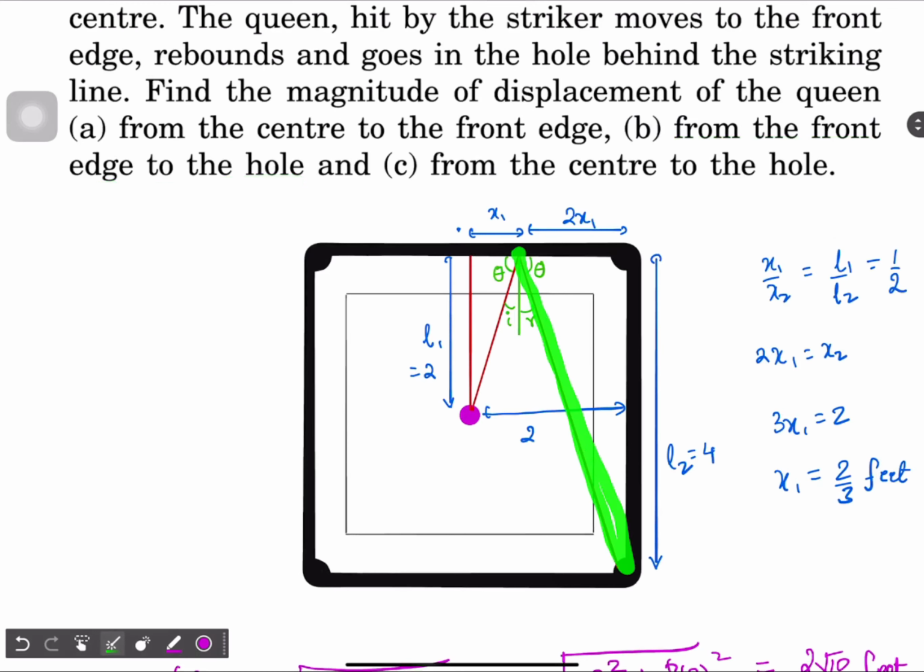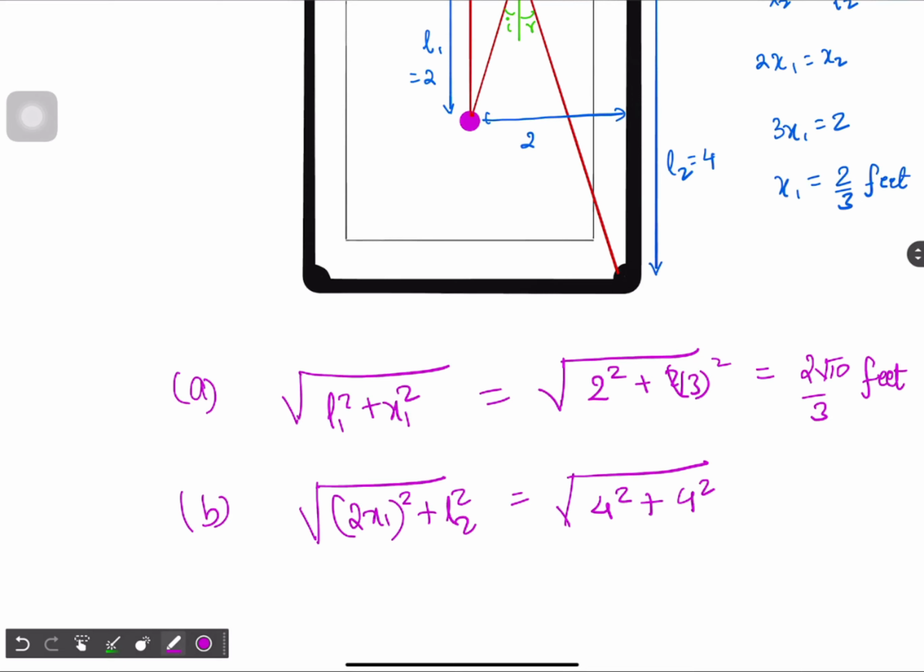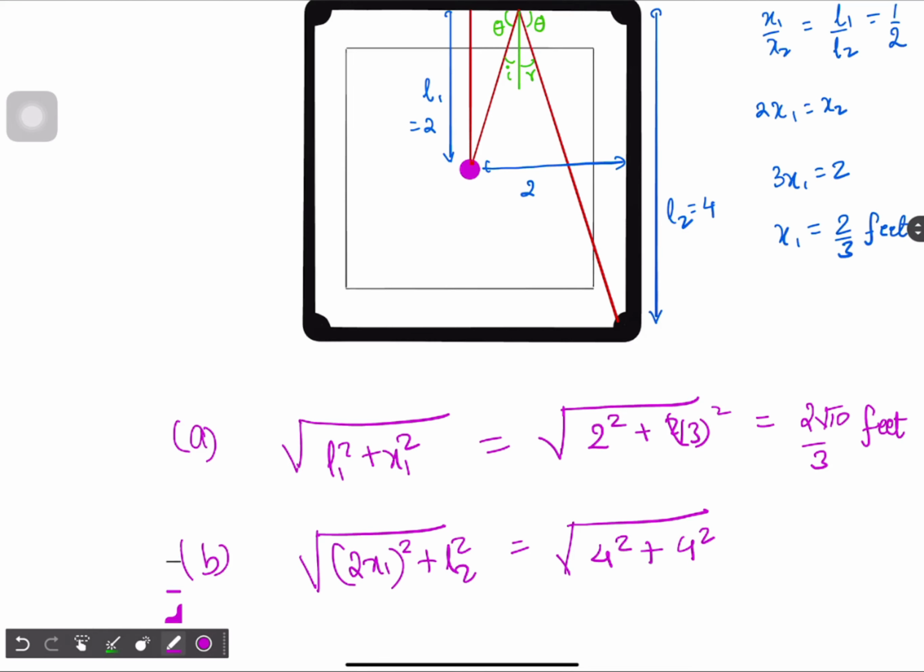So this will be equal to root of, x1 is 2 by 3, so 2x1 is 4 by 3, whole squared, plus L2 is 4, squared. So this will be equal to 4 by 3 root 10 feet.